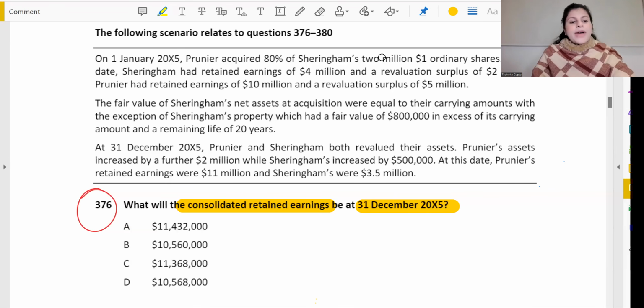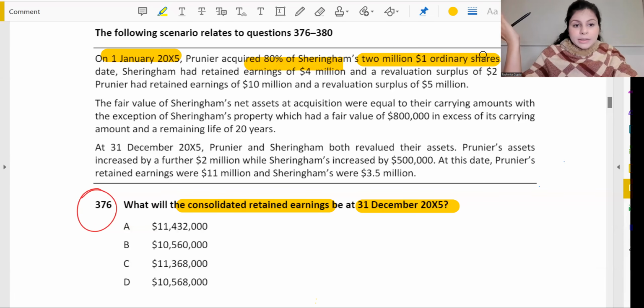So working note number 5 they're asking me. On 1st January, that is in the beginning of the year, Prunier acquired 80% of S company's $2 million ordinary shares. So 80% means Prunier is the parent, and this S company is the subsidiary.